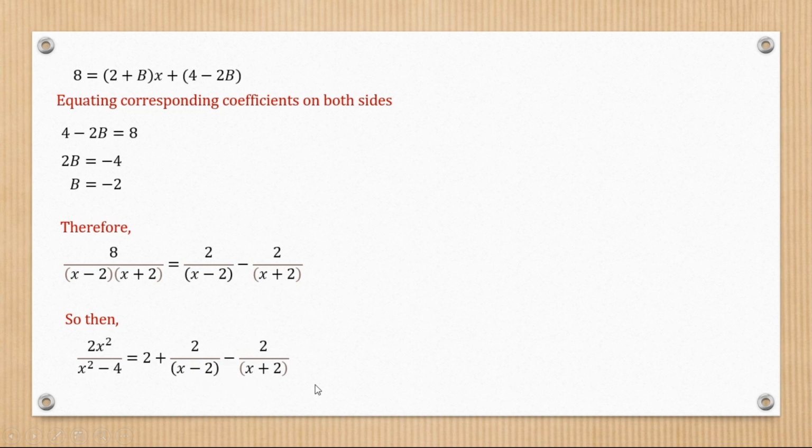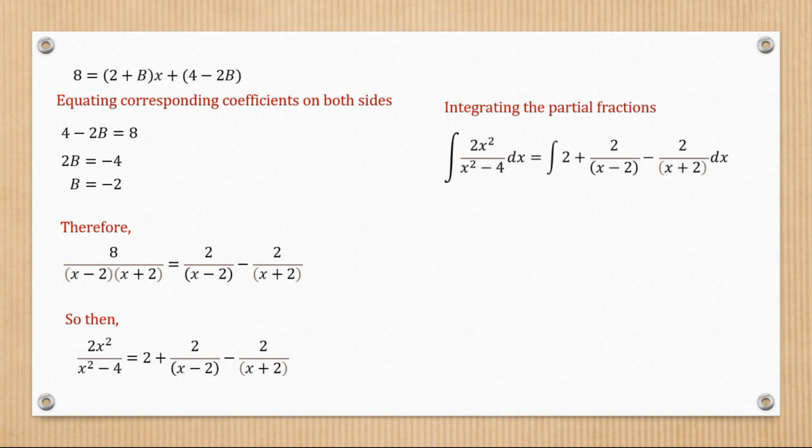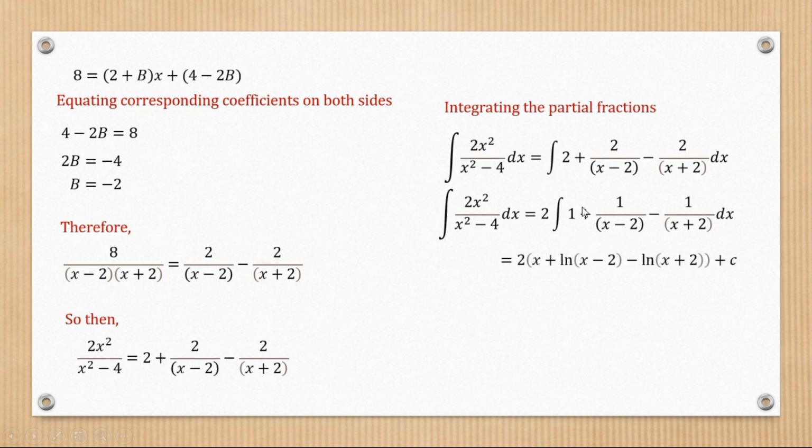So therefore, our general fraction shall be equal to 2 plus 2 over x minus 2 minus 2 over x plus 2. So now, we remember that we're integrating it, so we're going to integrate those partial fractions, because now we need that answer for the integral of 2x squared over x squared minus 4. So when you integrate this, I can actually pull out a 2. A 2 can be factorized out of all, and then I can see that the integral of 1 is x.